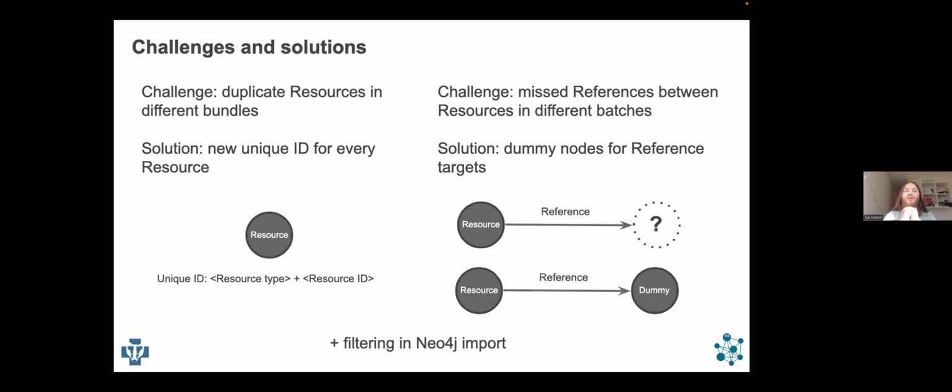And so the solution to address this challenge was that if we find a reference at any point that doesn't find the target that it is looking for, a dummy node is created instead that represents the target. And this dummy node contains the corresponding unique ID, which is again the resource type plus resource ID.